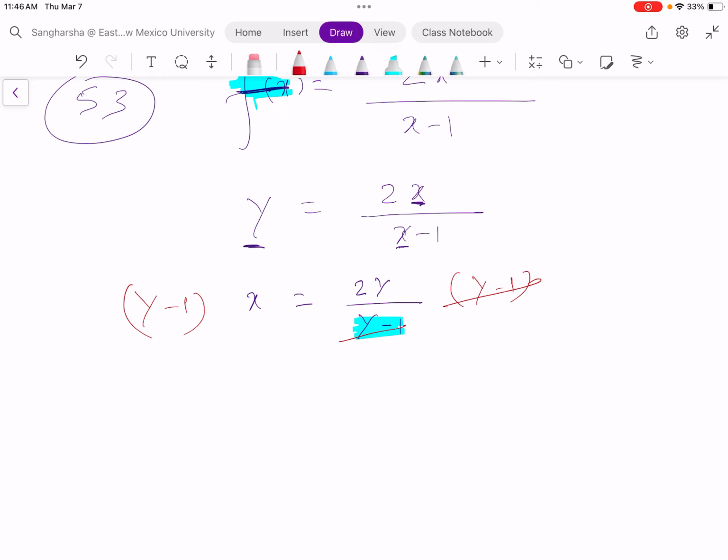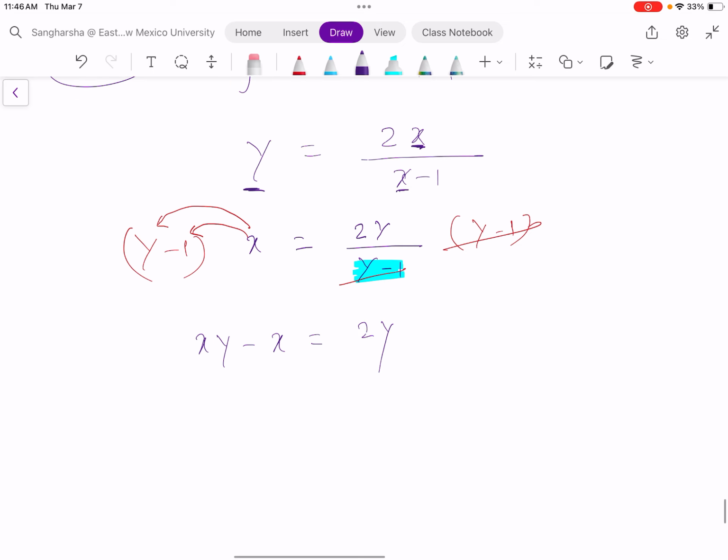So on the left side we can distribute x. So x times y, x times negative 1. So we have xy, and x times negative 1 is negative x, equals 2y. We are solving for y, keep that in mind. So now let's collect the terms with y on one side.